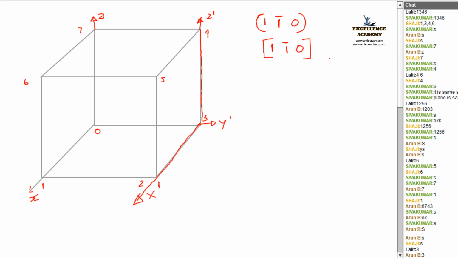X is equal to what? X is equal to 1 by 1 is equal to 1. Y is equal to 1 by minus 1 is equal to minus 1. Z is equal to 0, that means 1 by 0 equals infinity. X is equal to 1 means where will you reach?